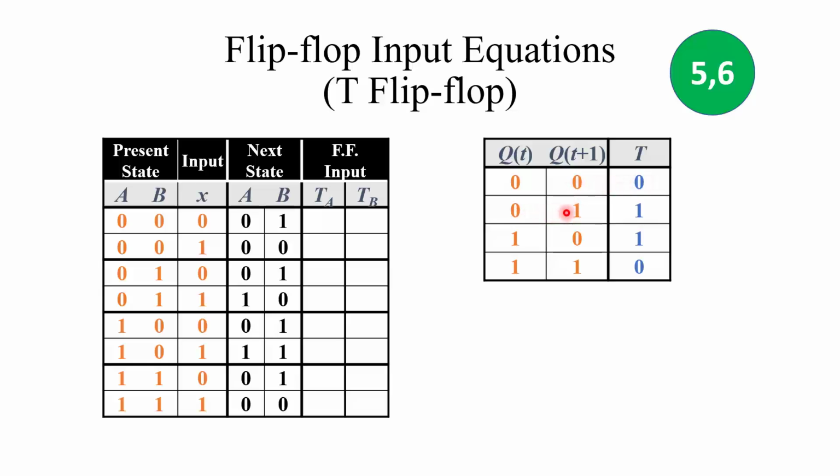For the 0 to 1 transition, of course the input of the flip flop will be high so that the present state toggles to become the next state. Similarly here we can also see a toggle, so T should be 1 in order to excite or cause this state. And finally for 1 to 1 state transition the input T should be low because there is no change between the present and the next states.